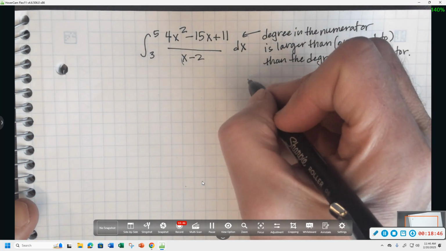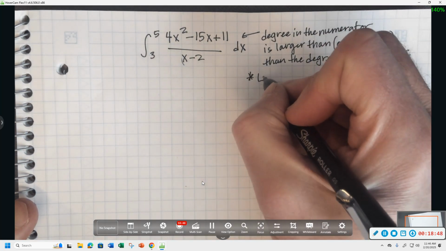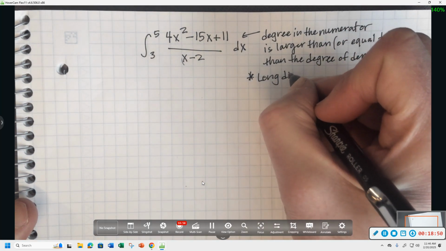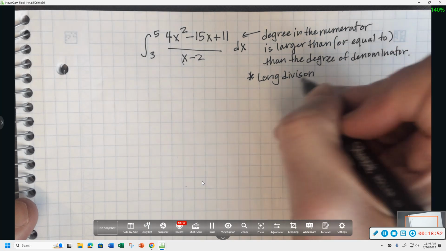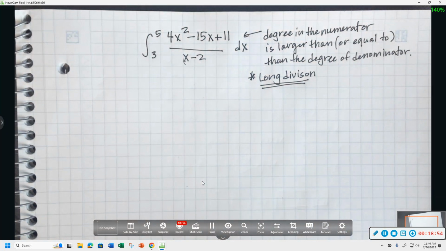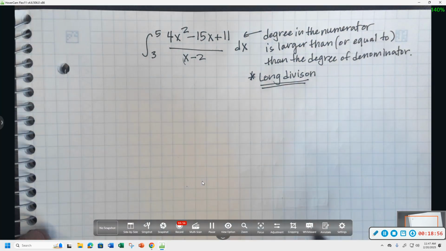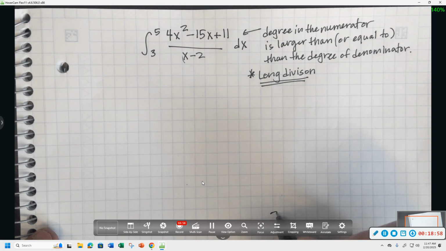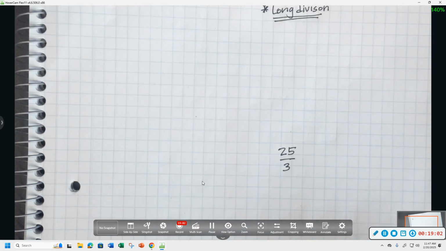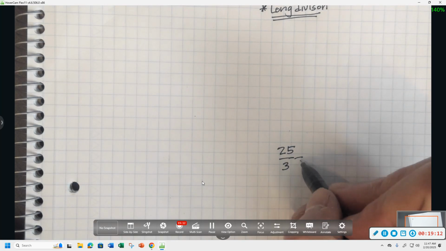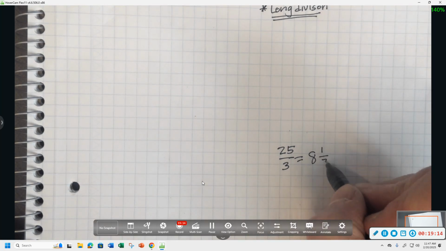Okay, so what we're going to introduce today is long division. And we're going to go with the idea of way back, elementary school. If I ask you to take 25 and divide it by 3, how many times 3 go into 25? 8, with how much left over? 1. So would you agree that I could write 25 thirds as 8 and 1/3?